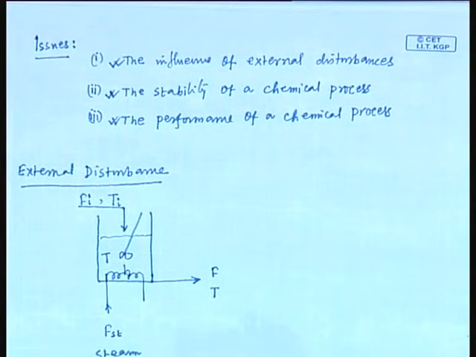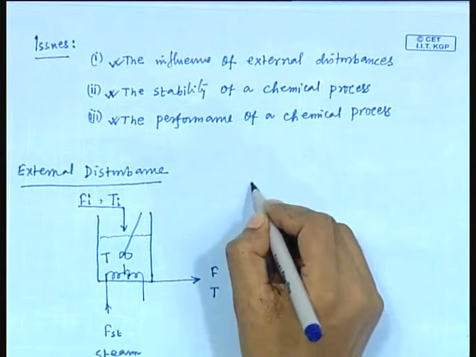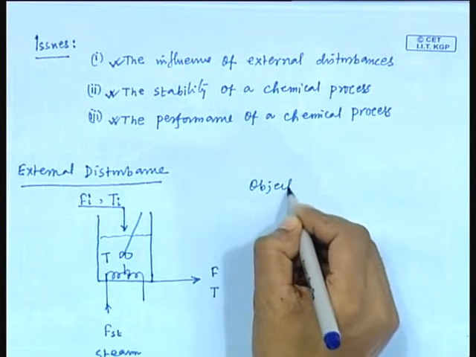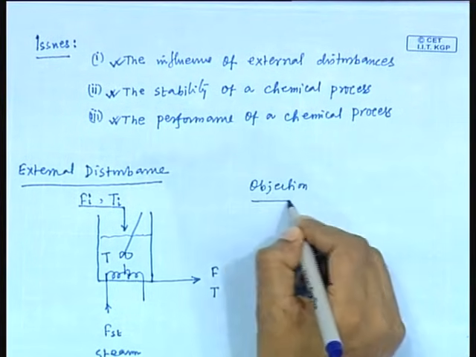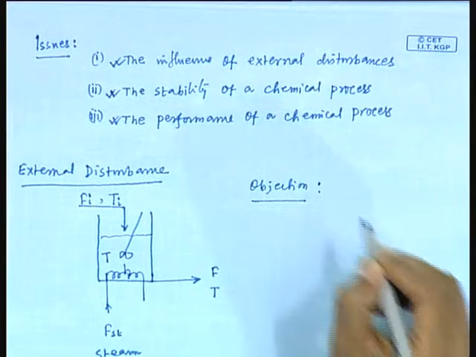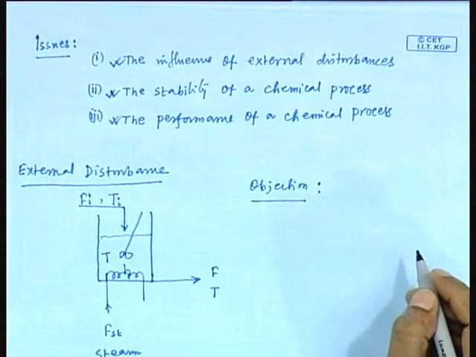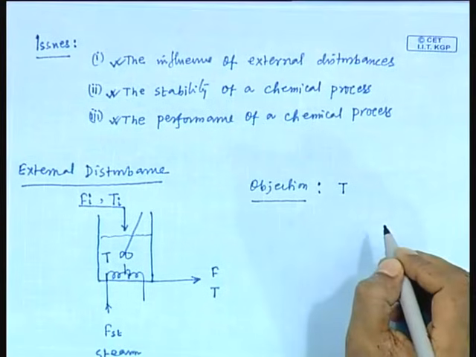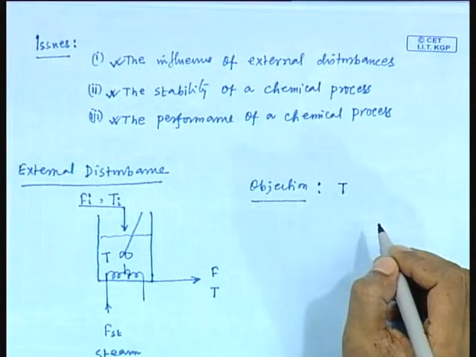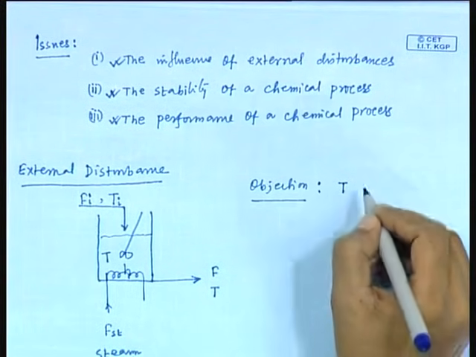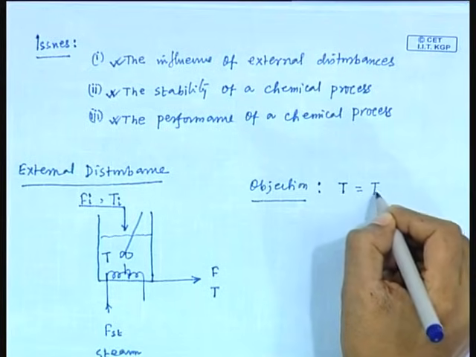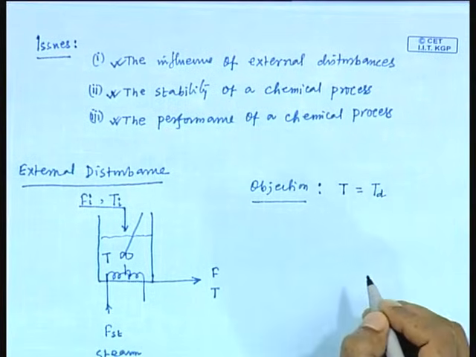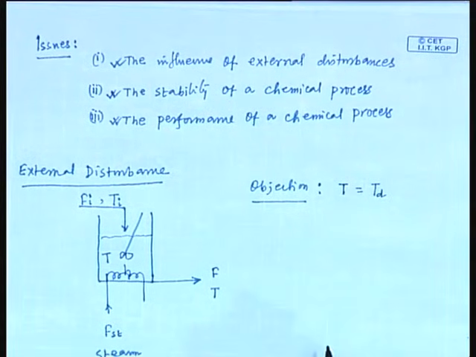Now what is the objective of this process? That we need to mention first. First objective is to maintain the liquid temperature T at its desired value. That desired value is, suppose, T suffix D. This is the first objective.